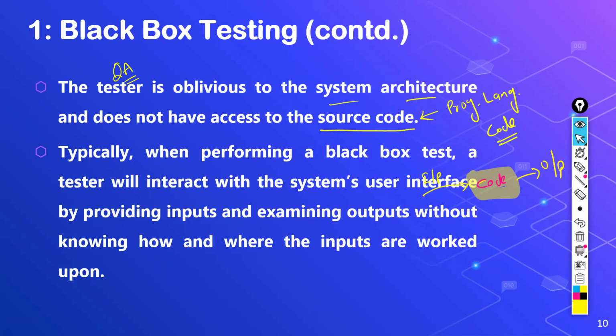And when you're performing this black box testing, you will interact just with the UI, the user interface. You will simply provide inputs. You'll be examining outputs without knowing how and where these inputs are actually worked upon.